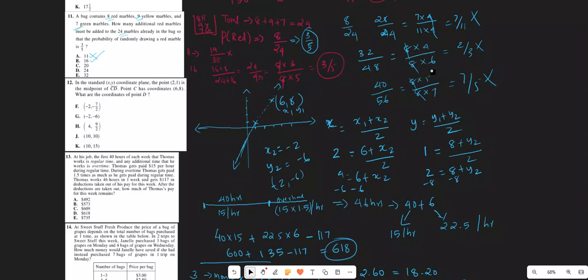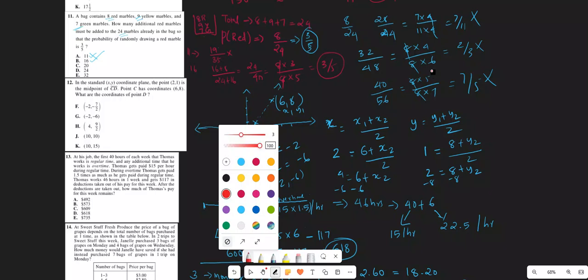This is a coordinate geometry problem, the midpoint problem. If you know the equation to find the midpoint, this part is very easy.